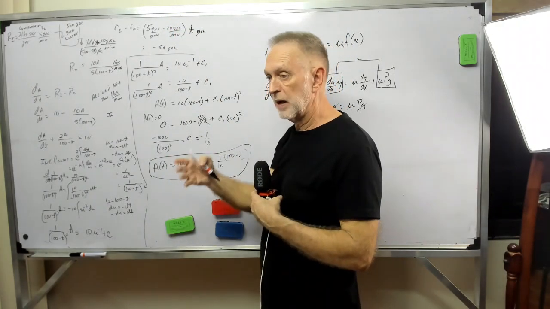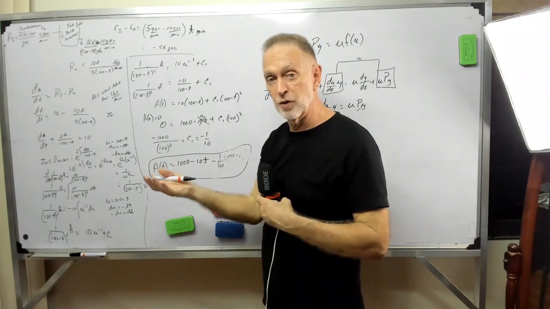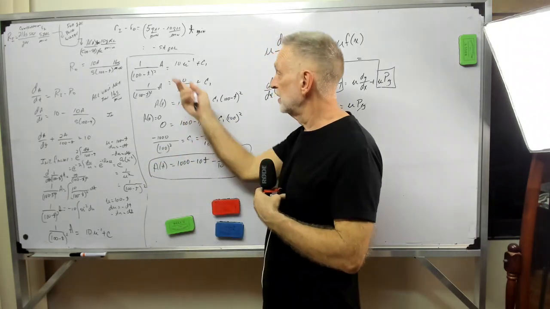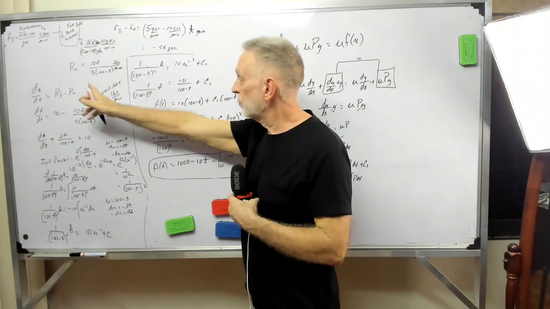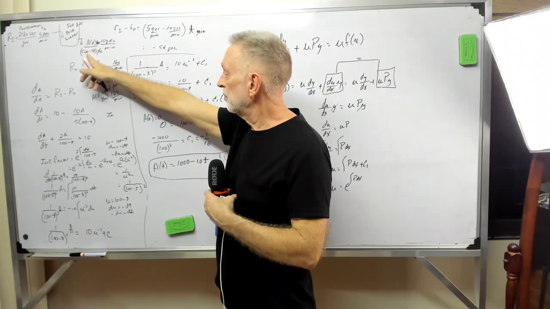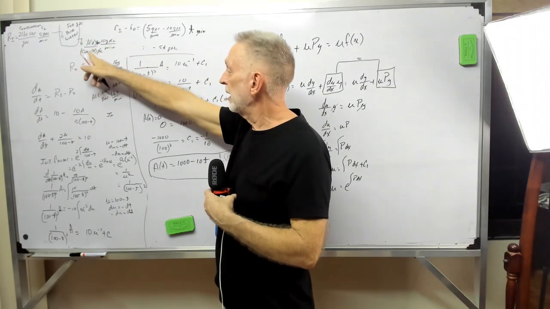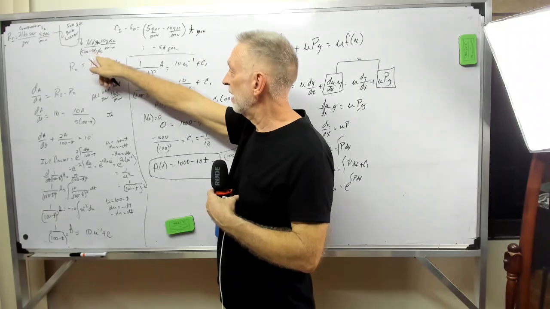Whatever my time is, if it's 1 minute, I'm 5 gallons less. If it's 2 minutes, I'm 10 gallons less. Okay, so my original tank volume is 500, which is what we were given, minus 5t gallons.